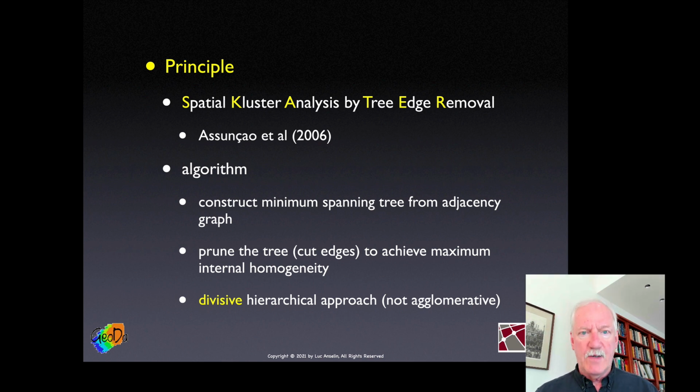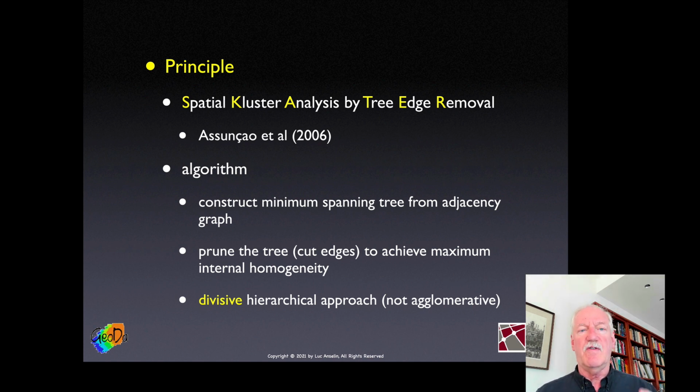So the attribute distance between 2 nodes is the weight of the edge, and then the SKATER algorithm reduces the full tree to a minimum spanning tree, which is kind of a summary of the essential features of the tree, and I'll talk a little bit more about that in a few minutes. And then it figures out an optimal way of pruning the tree.